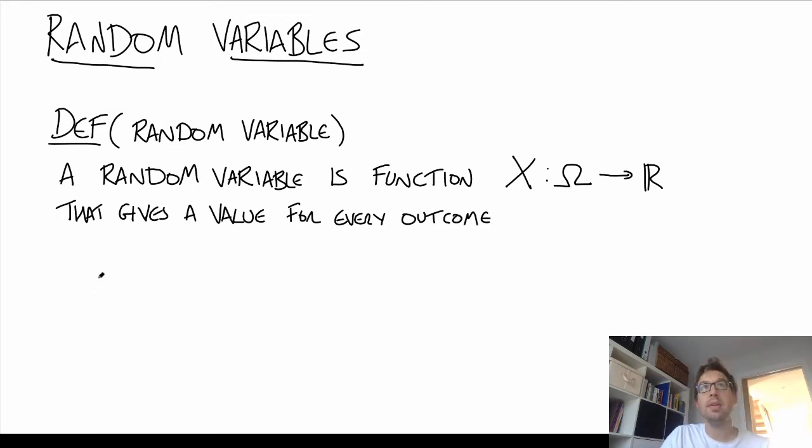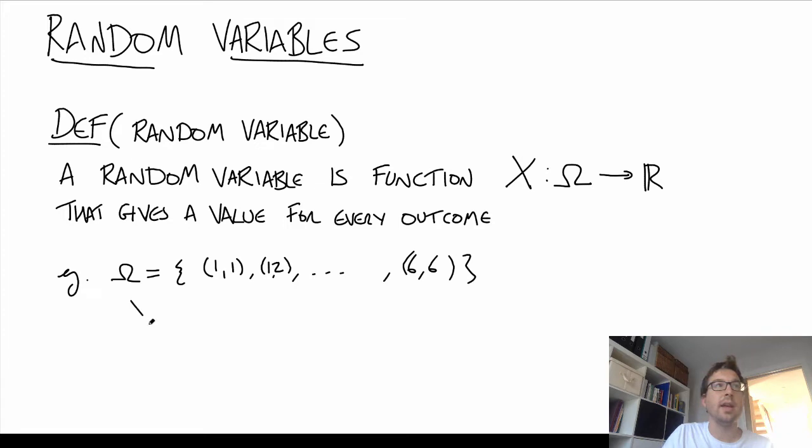So a simple example might be that we throw two dice and consider the random variable that consists of the sum, okay, of the two dice throws. So here we would have a sample space that consists of all the dice throws that we can have. So 1 and a 1 and a 1 and a 2. We wrote this out earlier, going all the way up to 6 and 6.